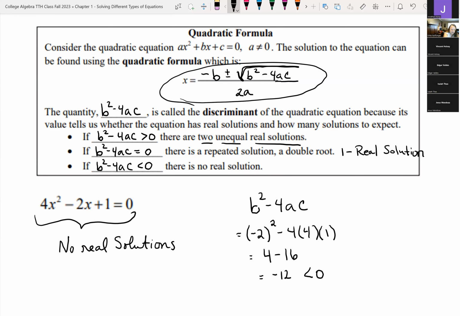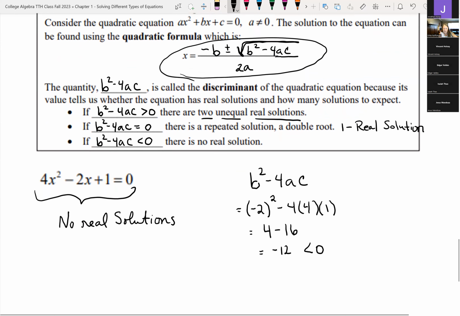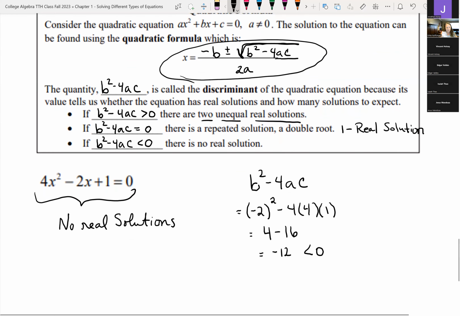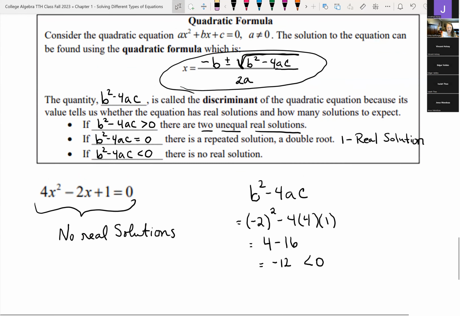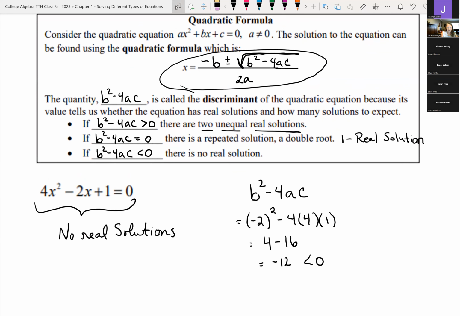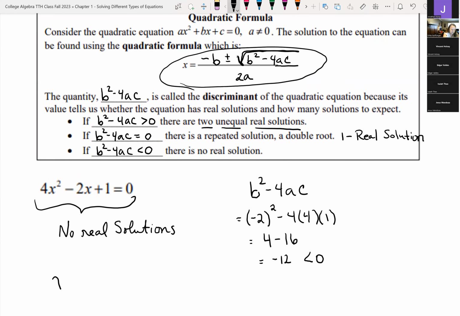So if it wanted us to just find the real solutions, we could stop. But if we want to use the quadratic formula, just so that we can get used to that, let's do that really quick, and it will be a start for the next lecture, which is on complex numbers. So if I was to use the quadratic formula, x is equal to negative of -2, plus or minus the square root of b squared minus 4ac.